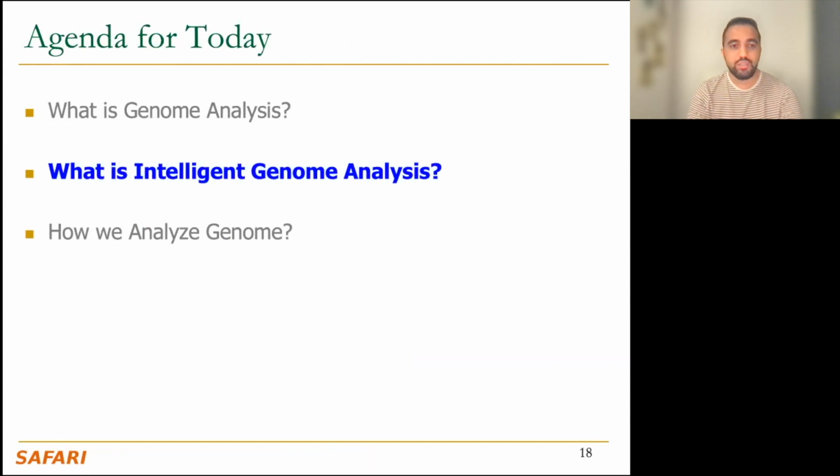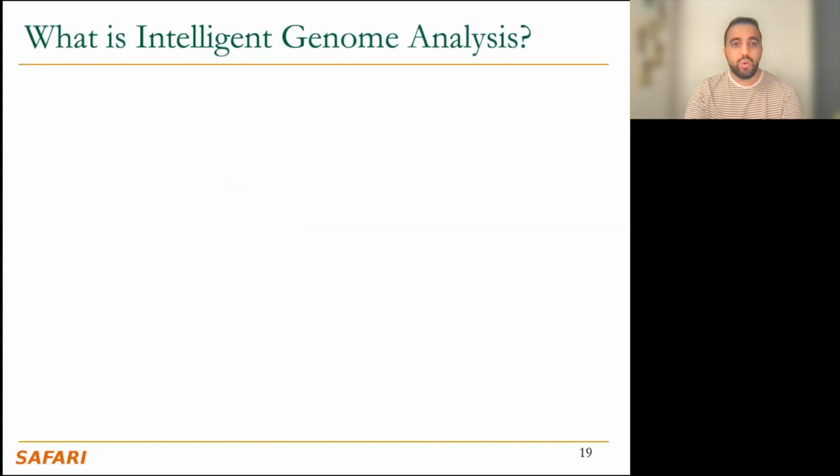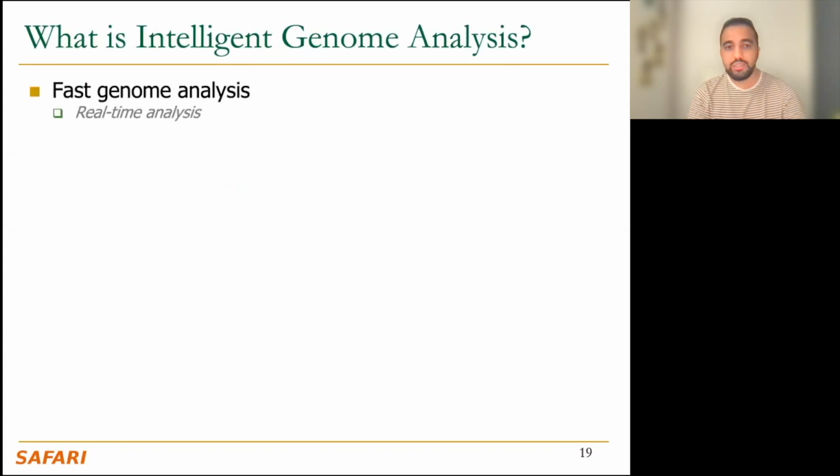Okay, that was all for the first section. So now let's go to the second topic, which is about intelligent genome analysis. So what is intelligent genome analysis? First, we want these analyses to be really fast. As I showed in the previous slide, there might be life-threatening causes to health, and we would like to figure out what caused these variants.